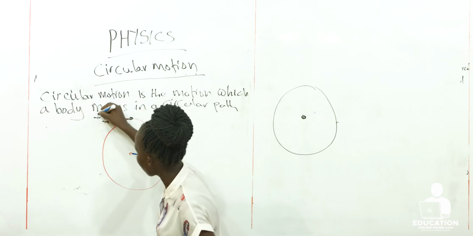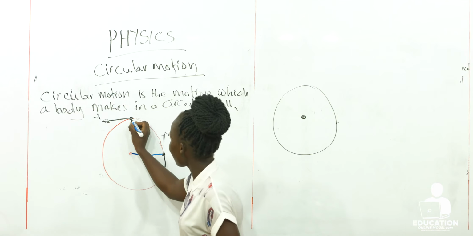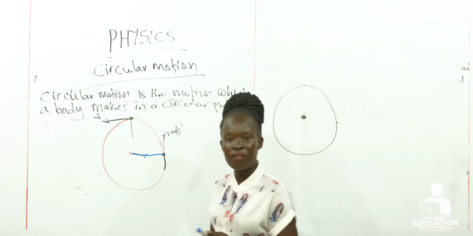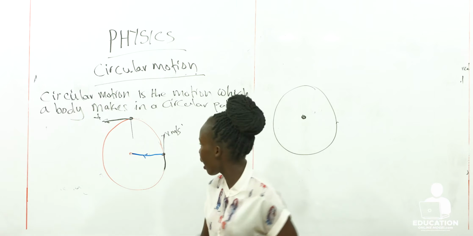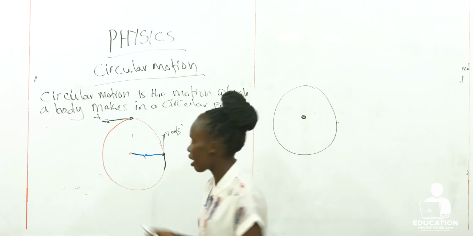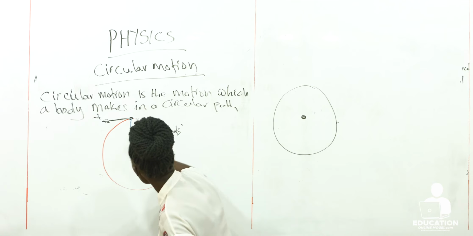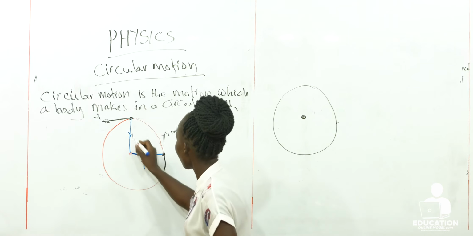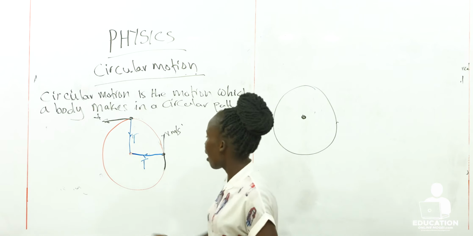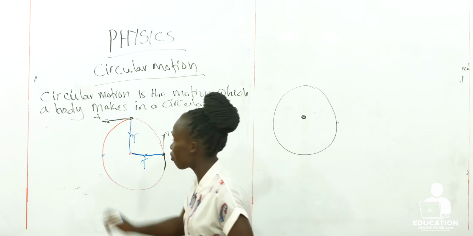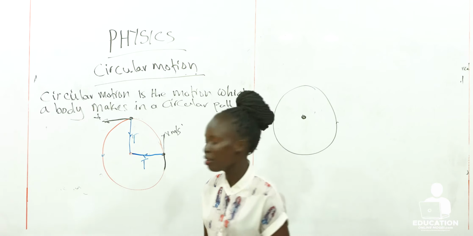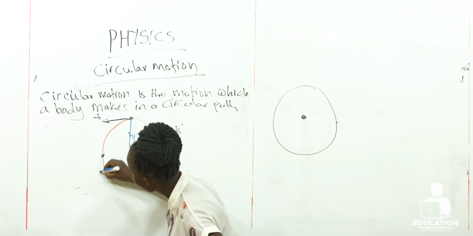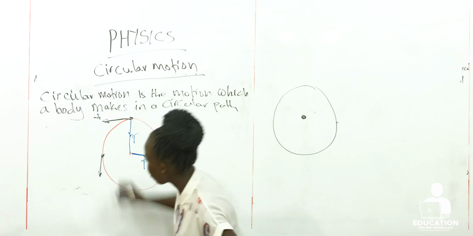This is our V. Even at this point, there is tensional force still acting on this wire, and this tensional force acts towards the center, which is T. At this point here, you also find that it takes a different direction. The velocity will be moving this side. You see that?